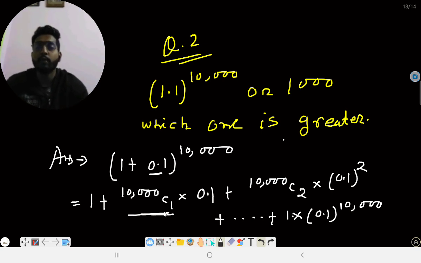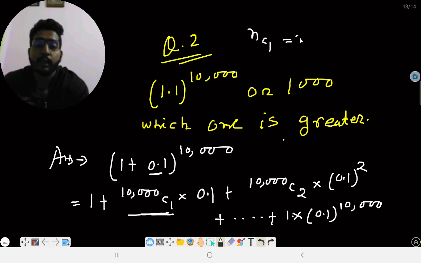Now next one is 10,000C1. What is the value of nC1? The value of nC1 is n. So here 10,000C1 can be written as 10,000.